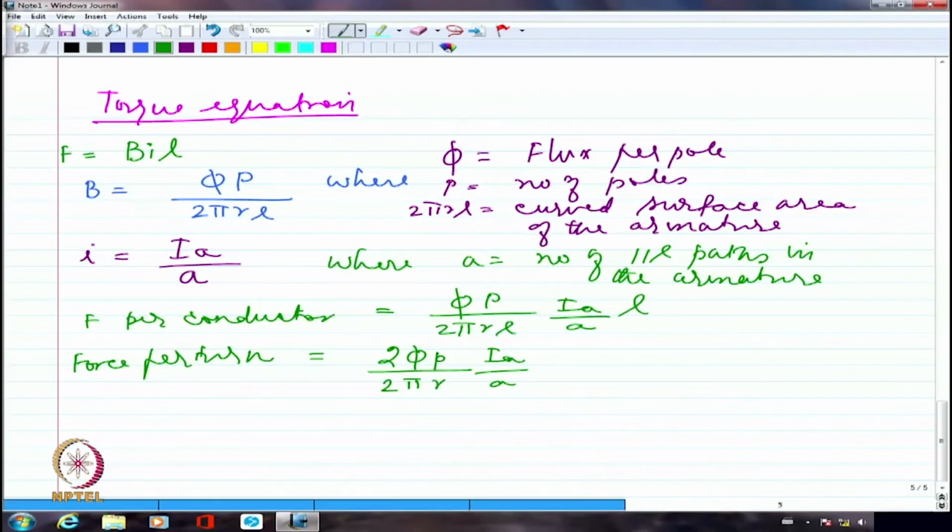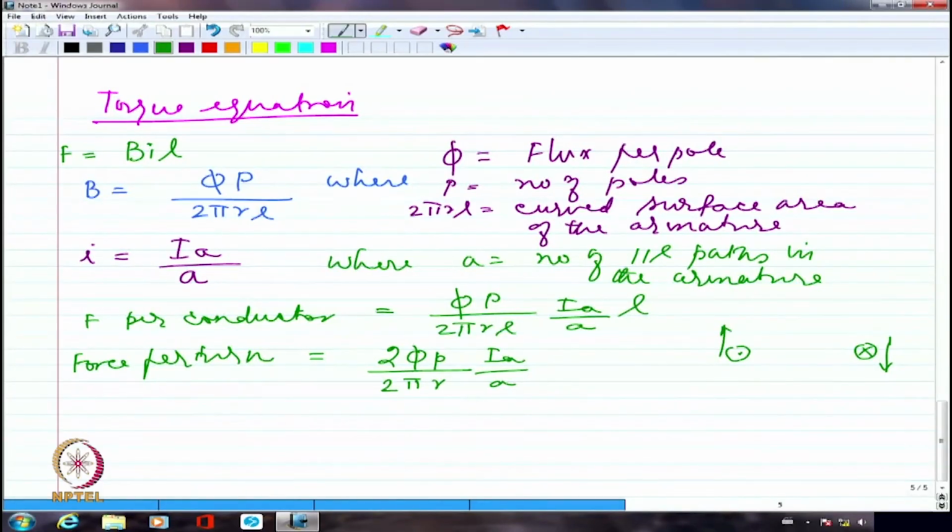Now if I have 2 conductors which make up 1 turn, I have 1 conductor here, 1 conductor here, and maybe one of them will carry dot and the other one will carry cross, because of which one will have force upward, the other will have force downward, so it will act like a couple.